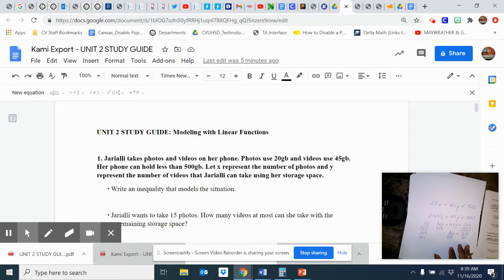Okay. When I divide by 45, those of you who struggle with division, first off, I can reduce it by 5. So if I reduce it by 5, it will be 40 over 9. Okay. 40 times 5 would be 200.